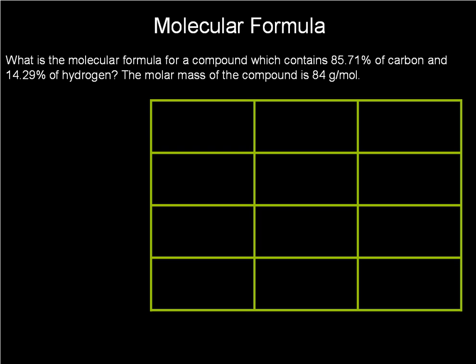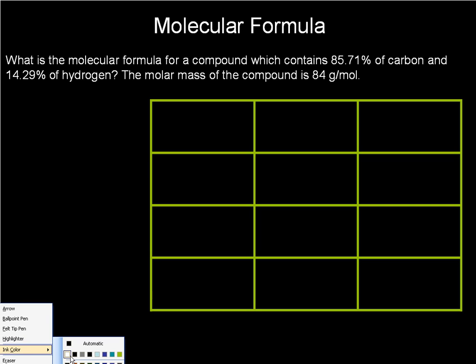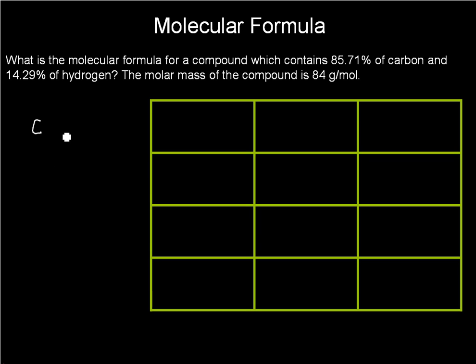For example, if you have the elements carbon and hydrogen forming this compound, C3H6, or C4H8, or CH2.